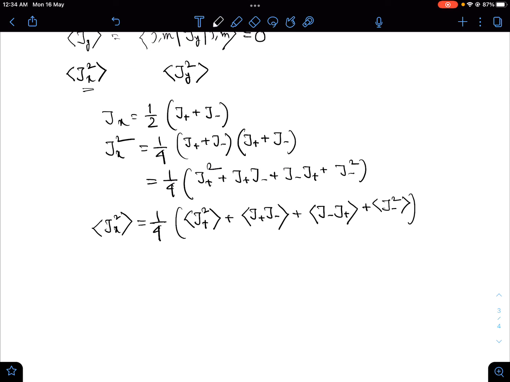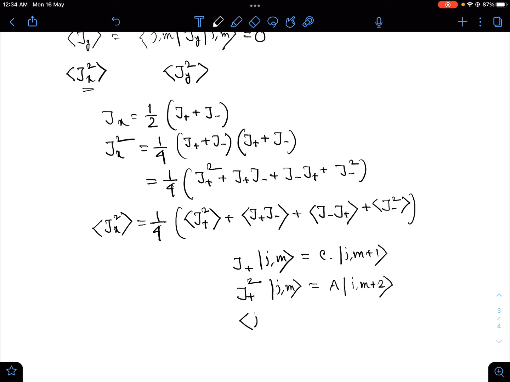Now we can clearly see, if J plus acts on a state Jm, it will give us a coefficient, suppose C, into Jm plus 1. So if we operate again with J plus, so what will be the state? It will be another coefficient, let us denote this by A, and we will have Jm plus 2. So Jm, J plus squared, Jm, this will be 0.